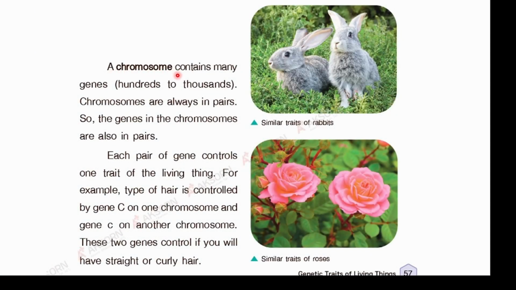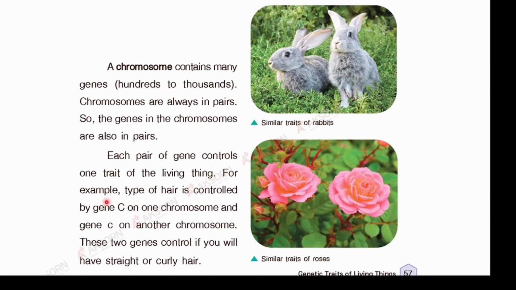A chromosome contains many genes, hundreds to thousands. Chromosomes are always in pairs. So the genes in the chromosomes are also in pairs. Each pair of genes controls one trait of the living thing.